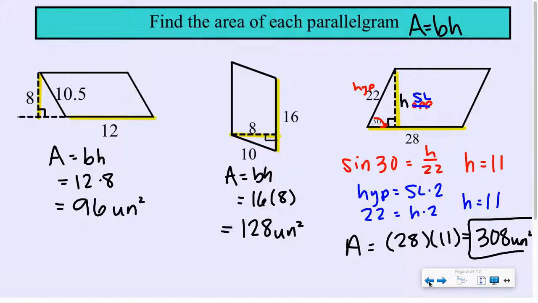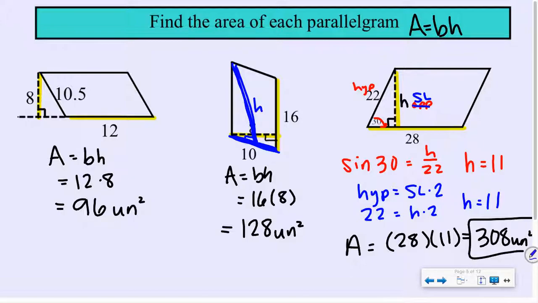If I draw in my altitude, this guy and 10 kind of make a right angle, right? So if the area of this parallelogram is 128, what would this blue height have to be if its base is 10?